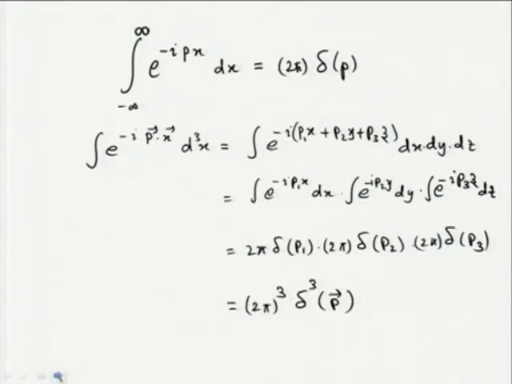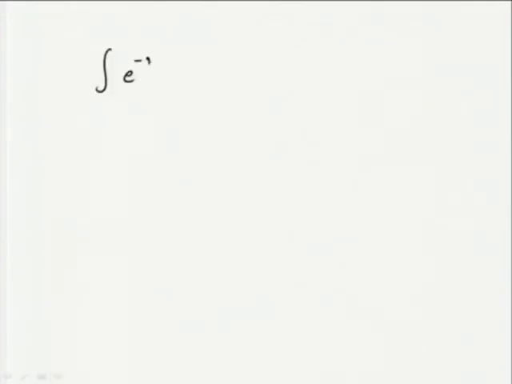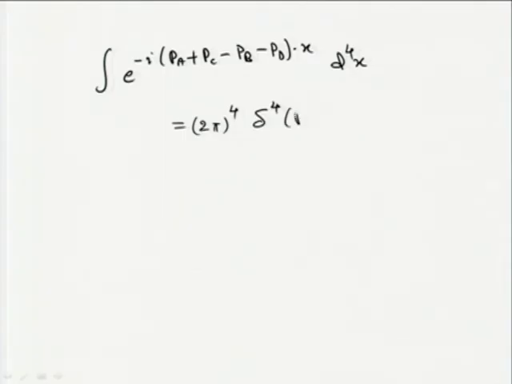So that is essentially a delta function: minus i (p_A + p_C − p_B − p_D)·x d⁴x, where x is the 4-vector x₀, x₁, x₂, x₃, or x₀, x, y, z, all of this together. So we have (2π)⁴ δ⁴(p_A + p_C − p_B − p_D).